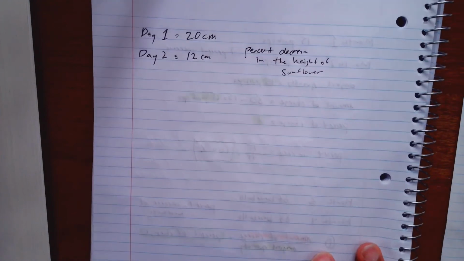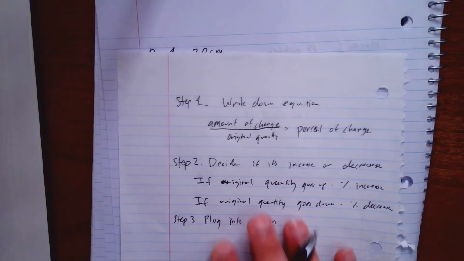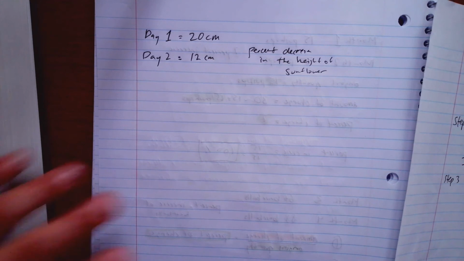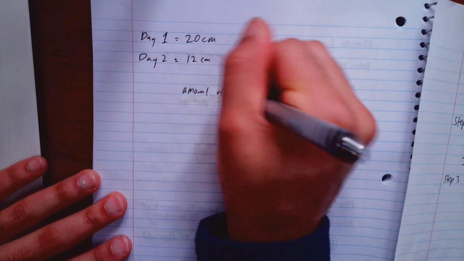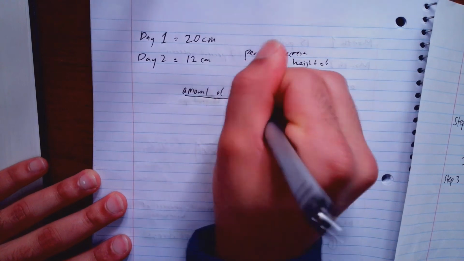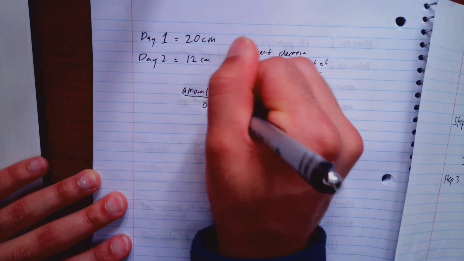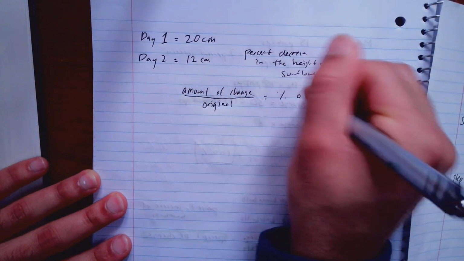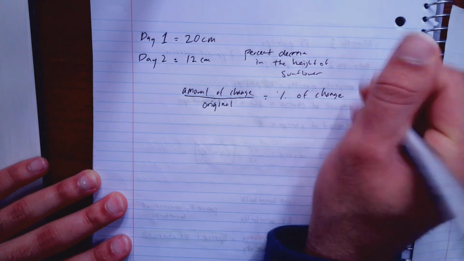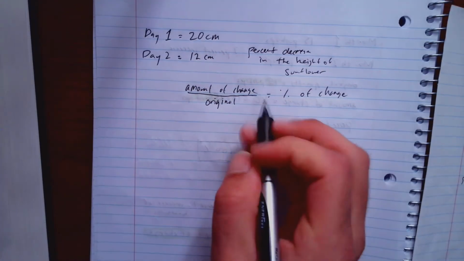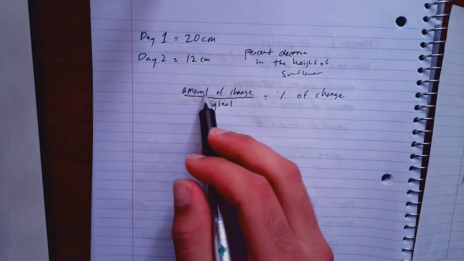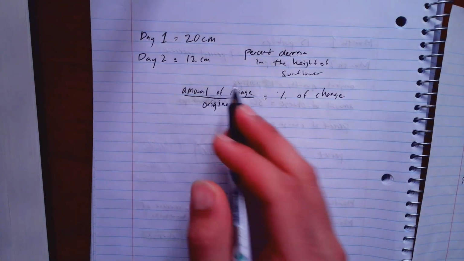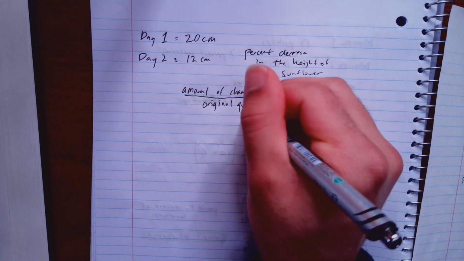Alright, what's going to be my first step? Write down our equation. And what's our equation? And in this equation right here, what does this line between the amount of change and original quantity mean?